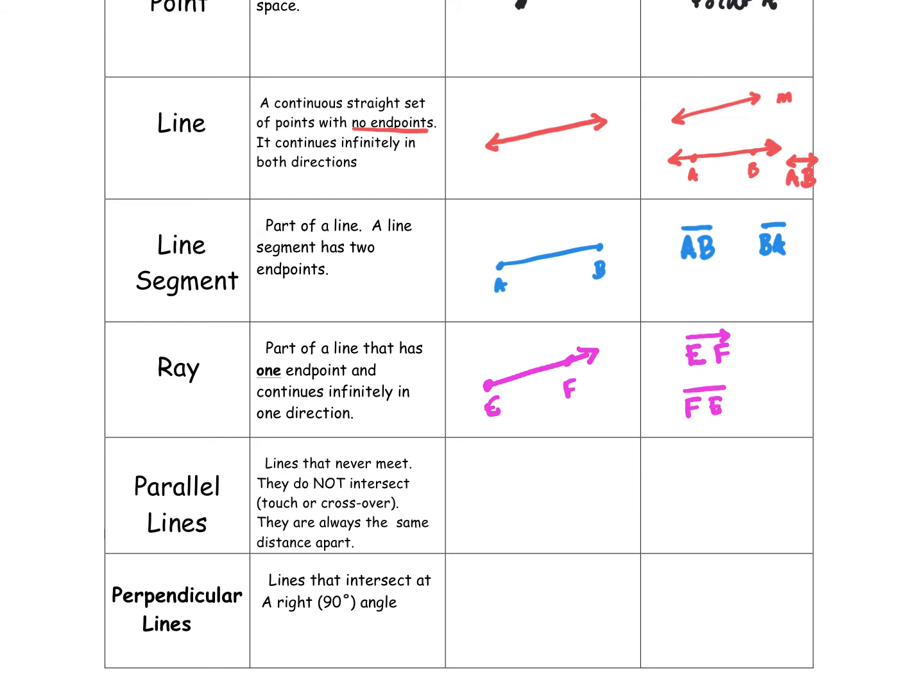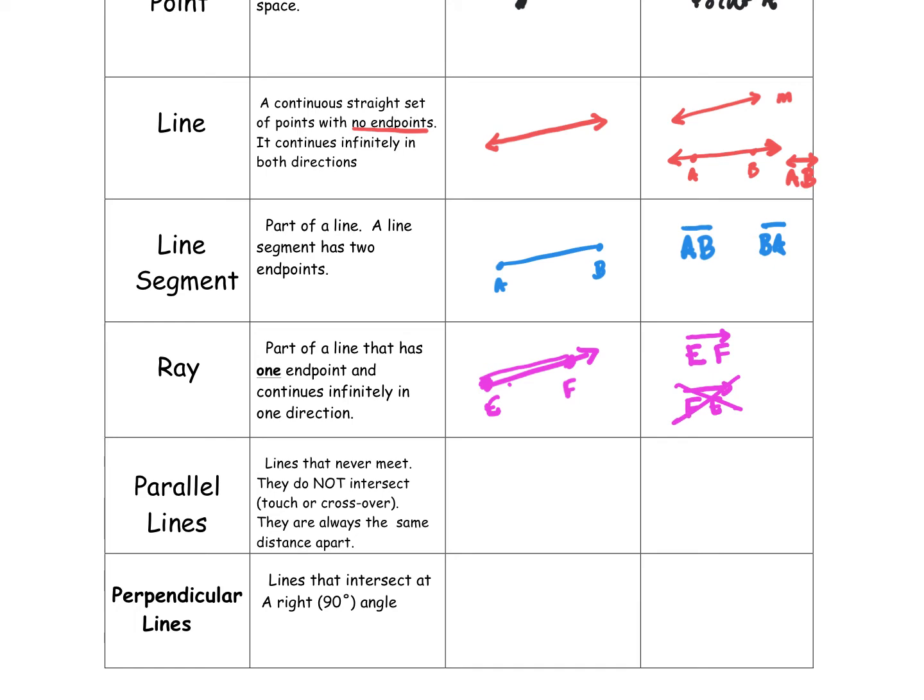So the endpoint is the beginning letter, and you can see if I started here, it does not continue on forever going this direction. It has an endpoint. So I could not start at F and have it be a ray. The way that it's written, it must be from E to F. E is the endpoint and F is not the endpoint. So this would be a no.